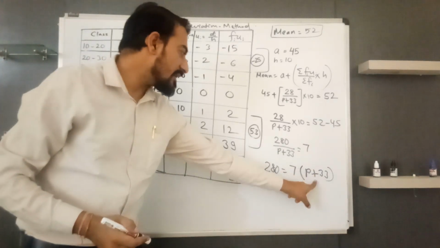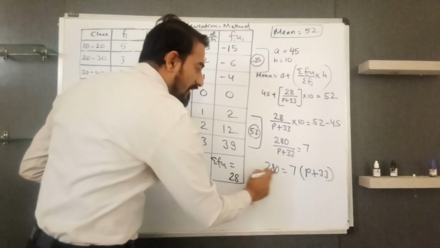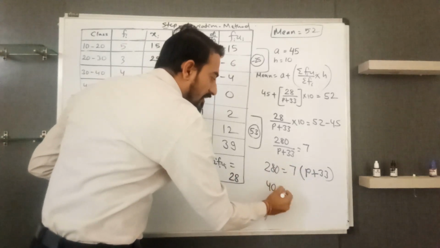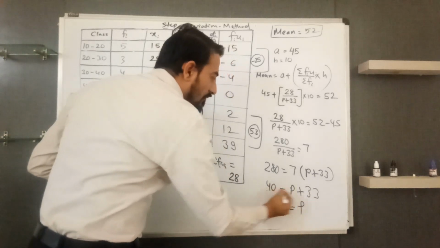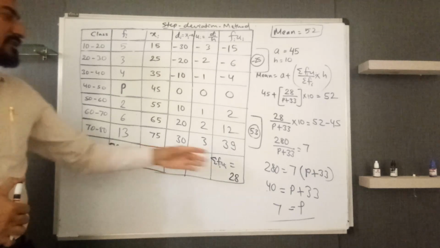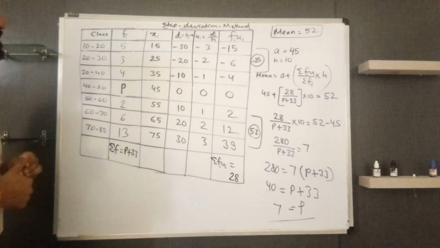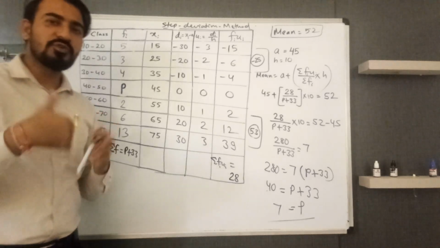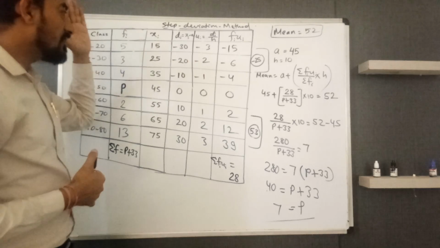On dividing both sides by 7, 280 by 7, what will we get? 40. So p plus 33 is 40, then p is equal to 40 minus 33. What will we get? 7. So this is the way to find the missing frequency by which method? Step deviation method.